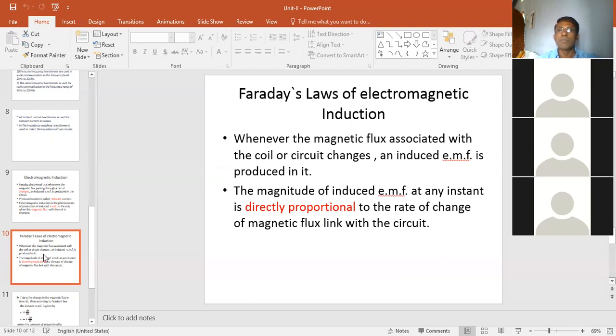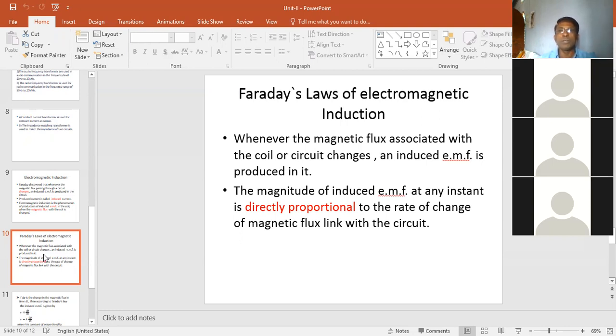So whenever the magnetic flux associated with the coil or circuit changes, an EMF is induced in the circuit. And the second rule: the magnitude of induced EMF at any instant is directly proportional to the rate of change of magnetic flux in the circuit or coil.